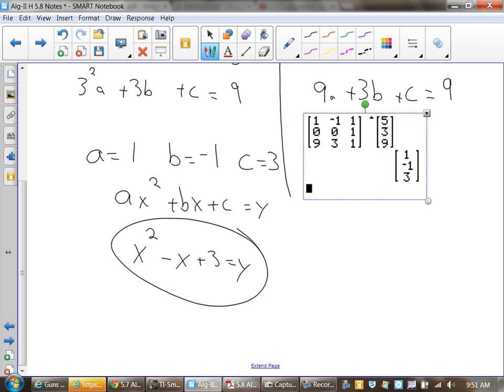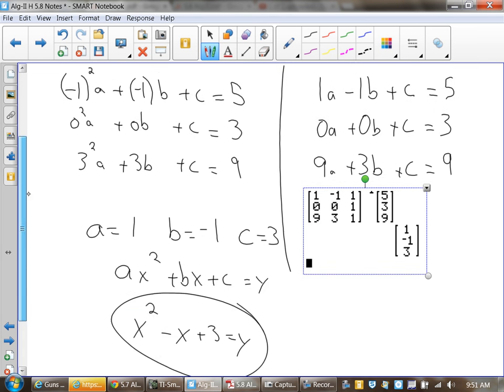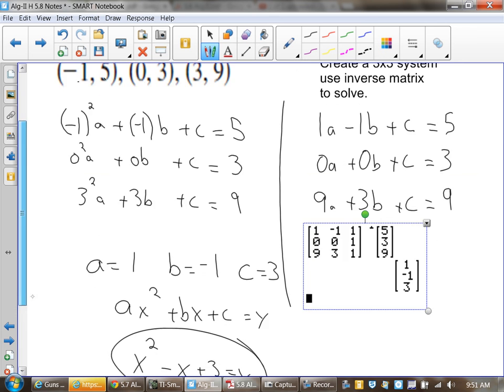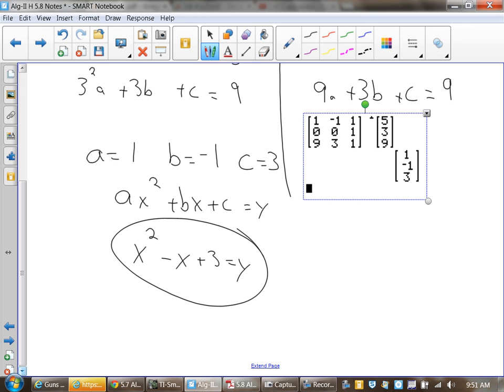What you're going to mess up when substituting in your values is putting them out of order. All right, so your final answer is just x squared minus x plus 3.